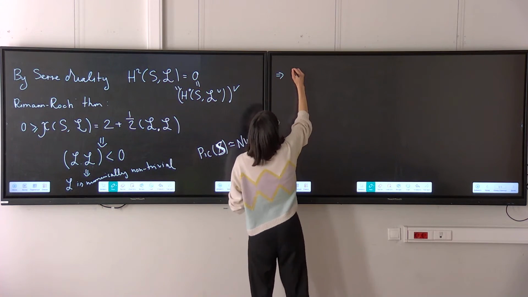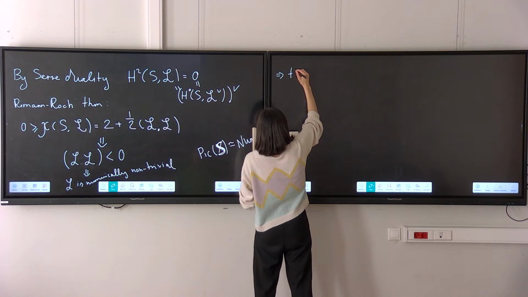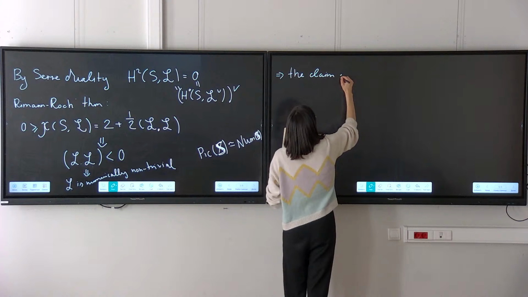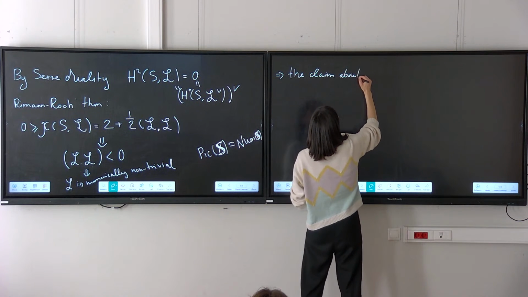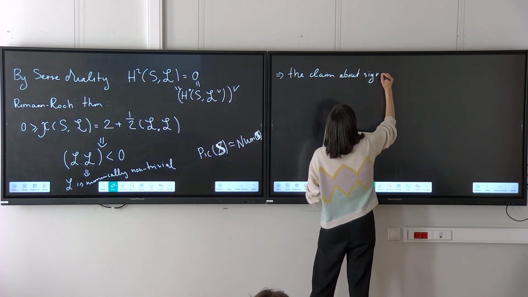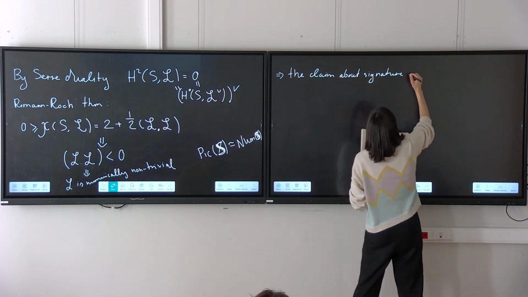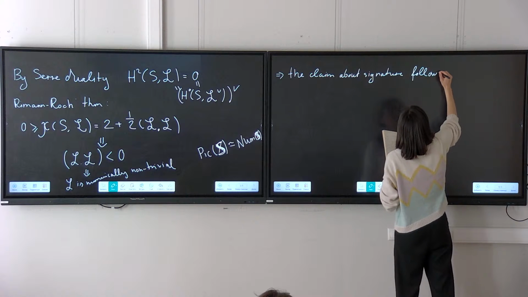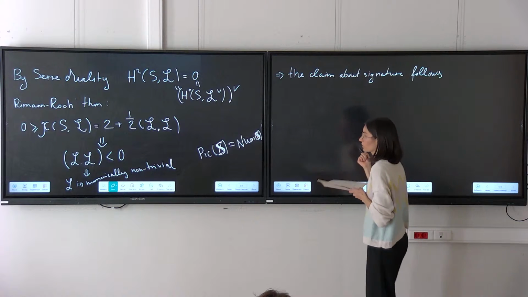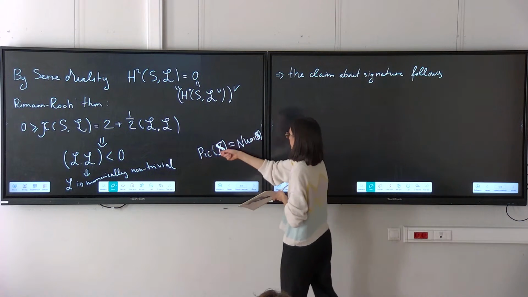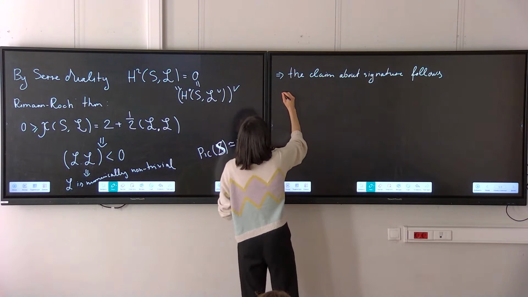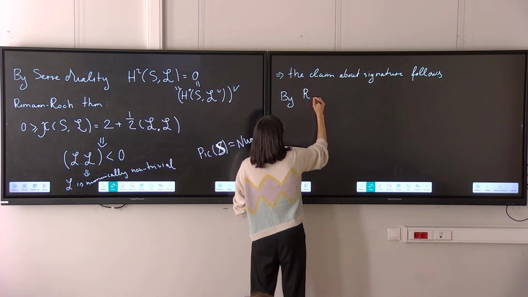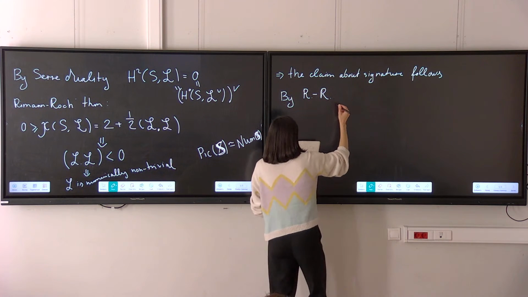From this we see that the claim about signature immediately follows just from the Hodge index theorem, because we have this isomorphism, and why the self-intersection is even, just by Riemann-Roch.